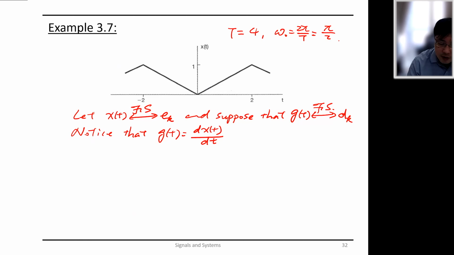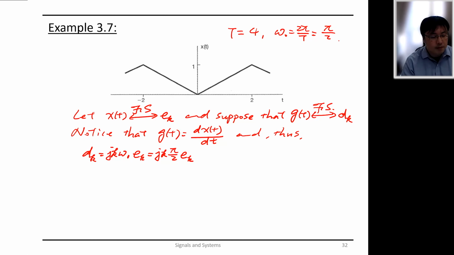So therefore, dk is equal to jk omega naught ek. And omega naught here is pi over 2. So this is just jk pi over 2 ek.